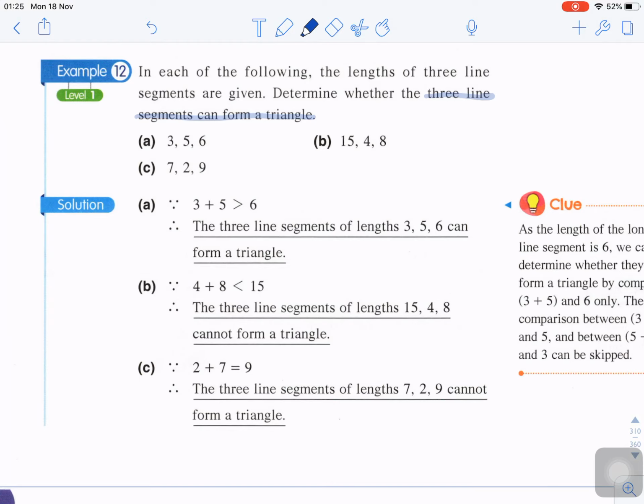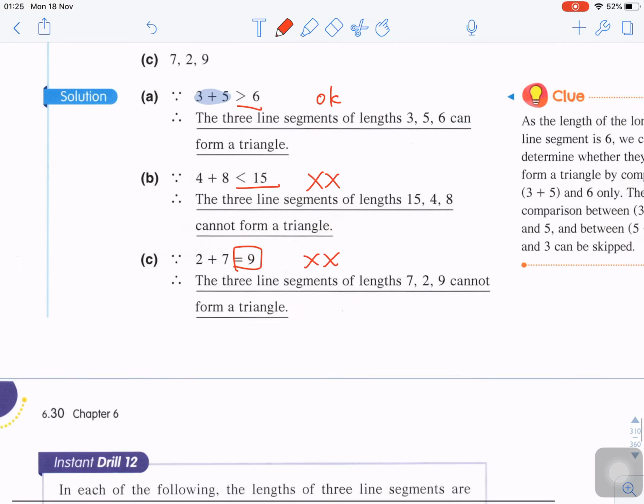For every case, consider the shortest two sides, add them and check. Larger than the longest side, okay. Less than the longest side, no. Equal to the longest side, no.